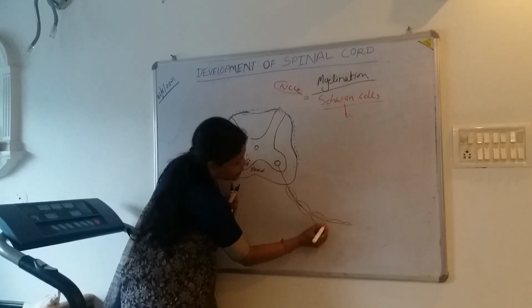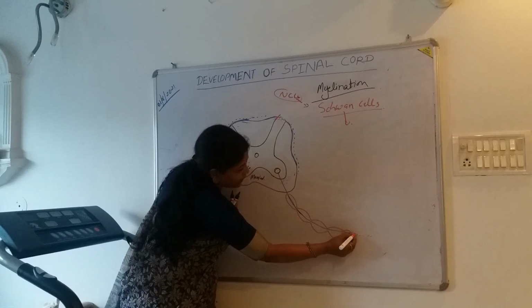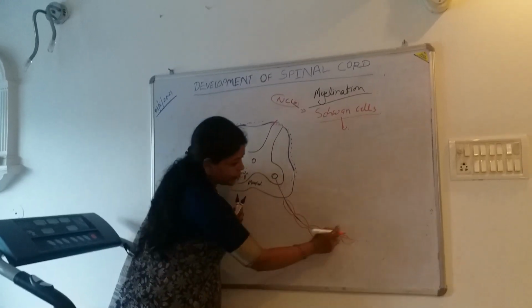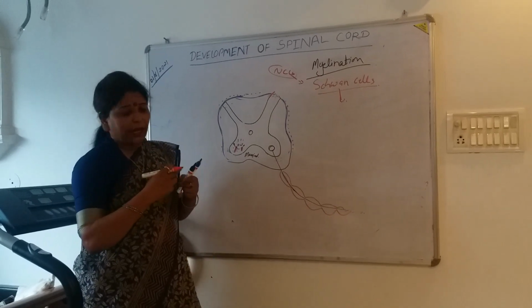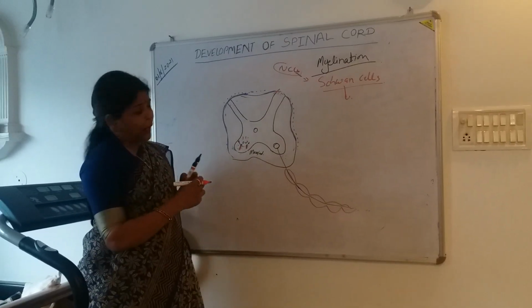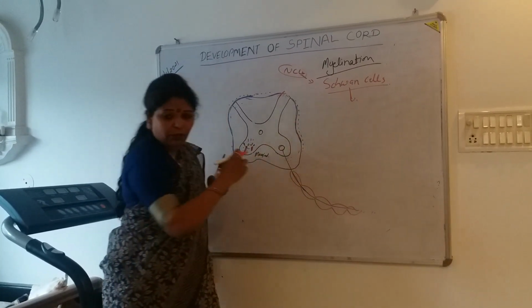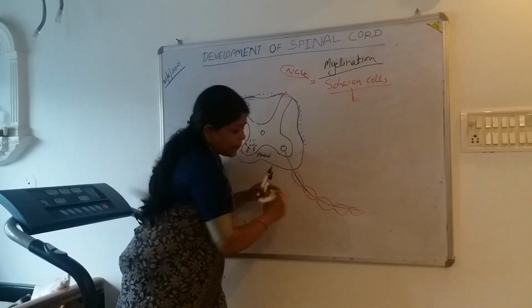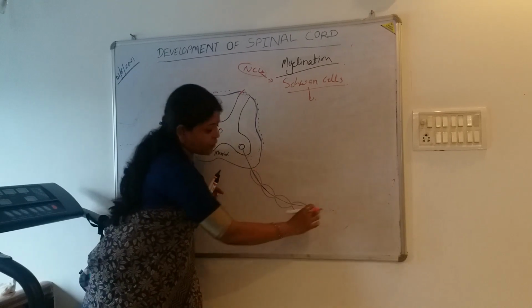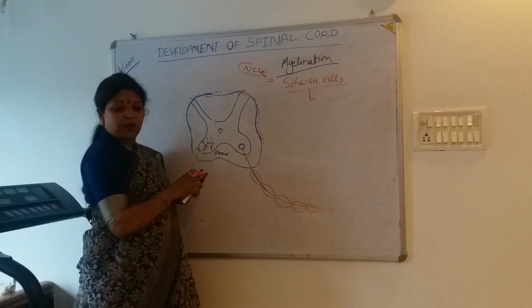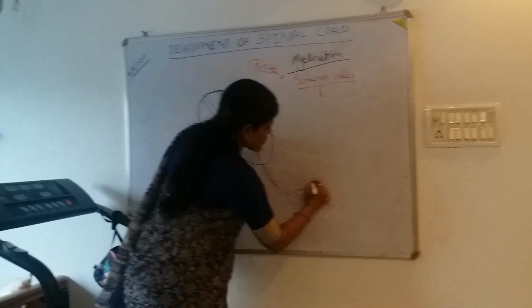So the insulating material is coiling on the total length of the axon, which is done by this Schwann cell. What does it do? It wraps the axons and coils upon itself and forms a sheath-like structure which is known as the neurolemma sheath.